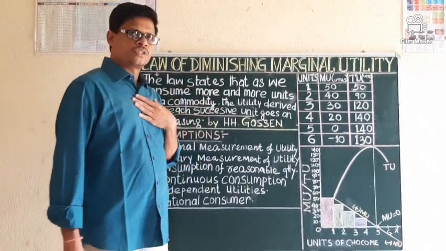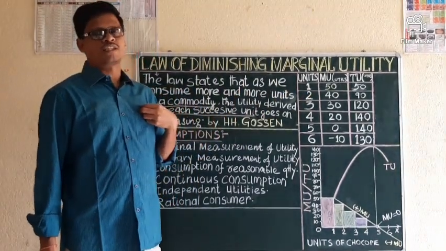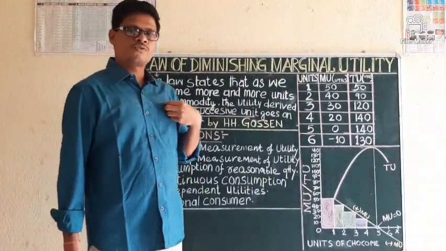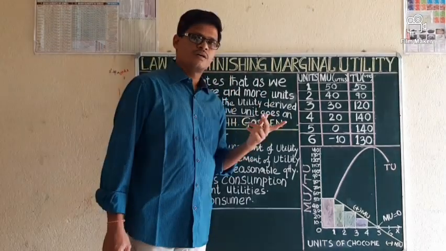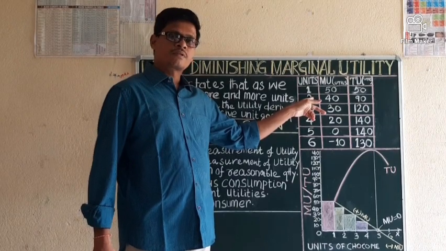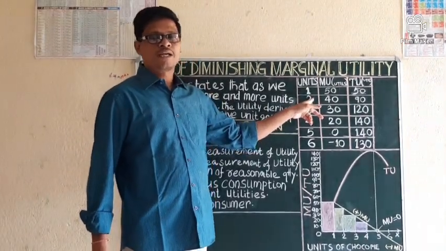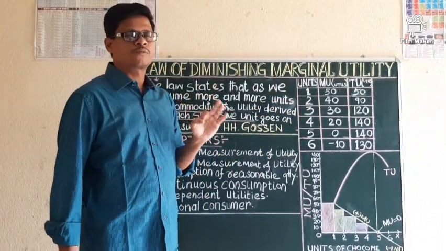So when I am consuming a piece of Lotto Choco Pie, I may be receiving 50 utils of satisfaction, but a person who has been hungry for the last 2 days, when he consumes the same piece of Lotto Choco Pie, may receive 1000 utils of satisfaction. So it varies from person to person.